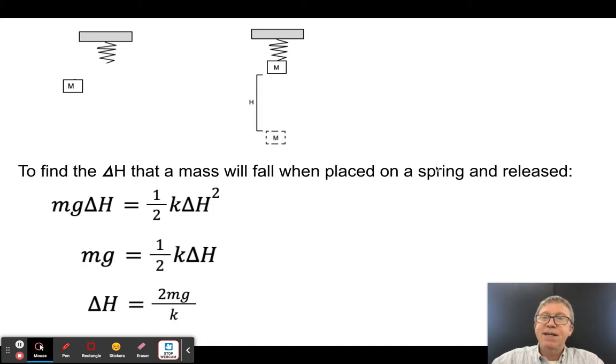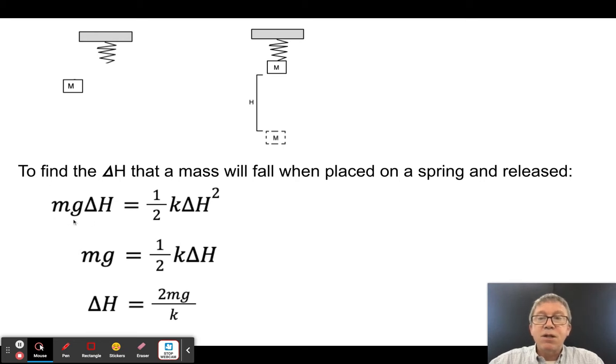Hmm. Okay, let's see how this works. So I take this, I hang it on here, and I let it go. This is just like what we do with the falling egg, right? So what that means is this is going to fall downwards due to gravitational force, releasing gravitational potential energy until it gets to this point here. And I'm going to call that delta h. I'm going to say at this point here, I don't have any more kinetic energy. All my energy has been converted to spring potential energy.